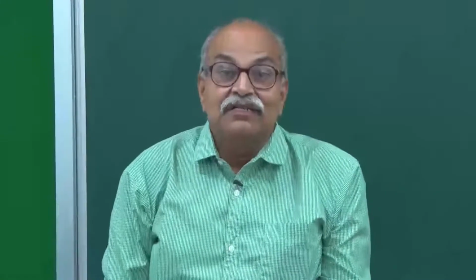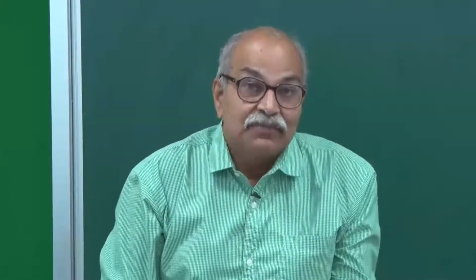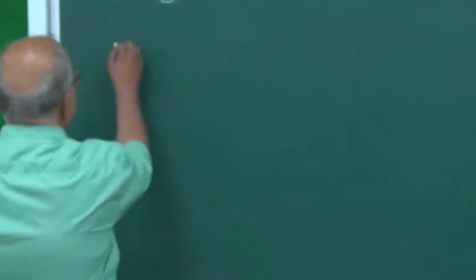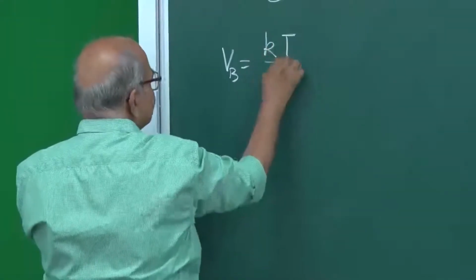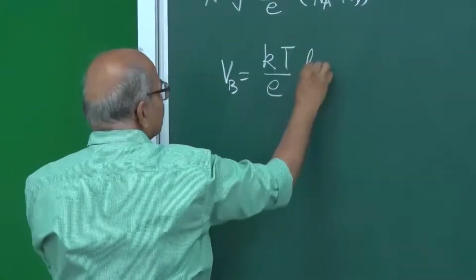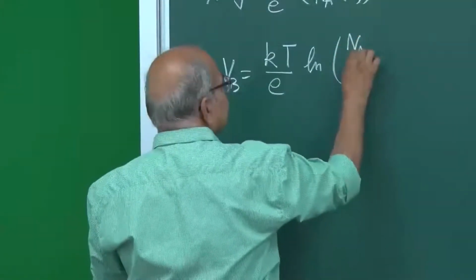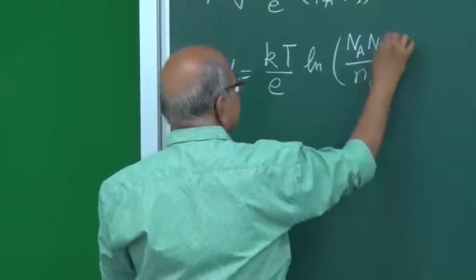I will not give you those derivations, but I will give you the expression for this Vb in terms of those impurities and the temperature. And that is, this Vb is kT divided by E, then log on the natural base of Na Nd over small ni square.